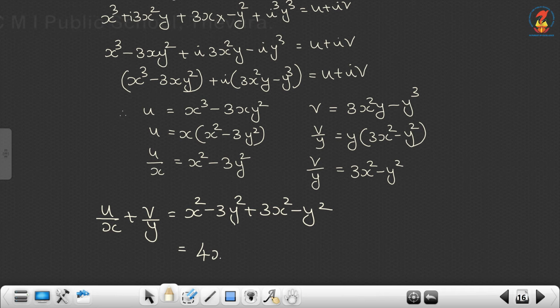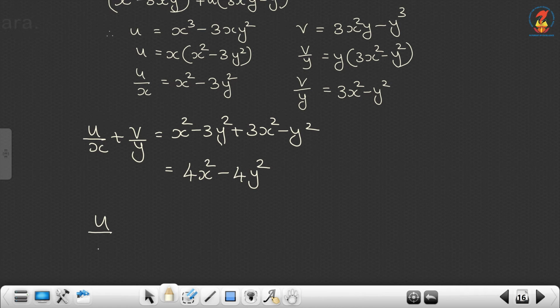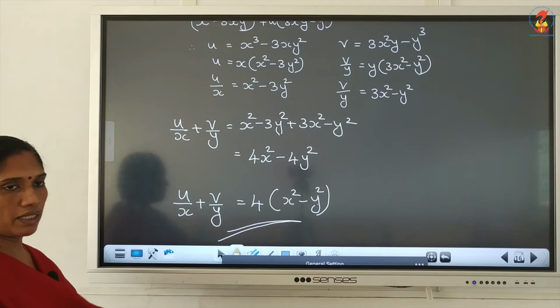So that's equal to 4x² − 4y². Or take 4 outside, so we get the result: 4 into (x² − y²). So that's it.